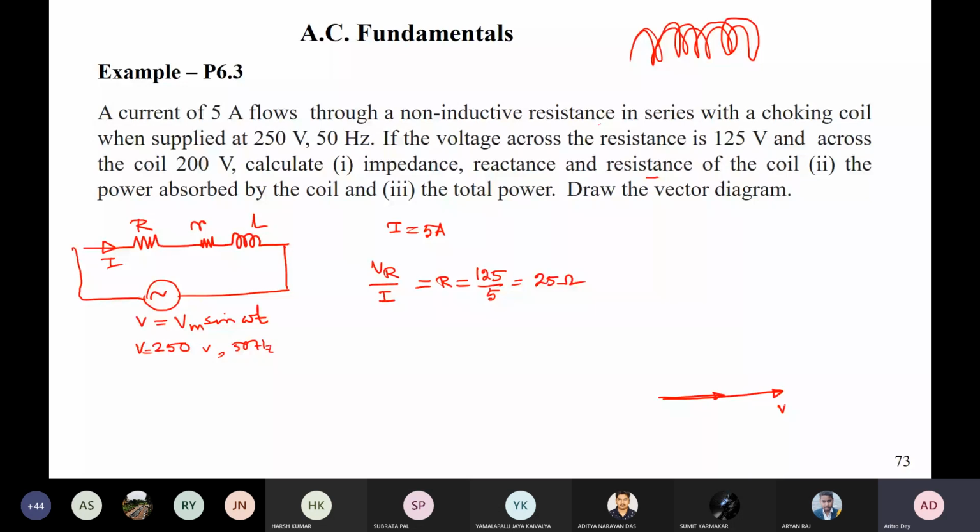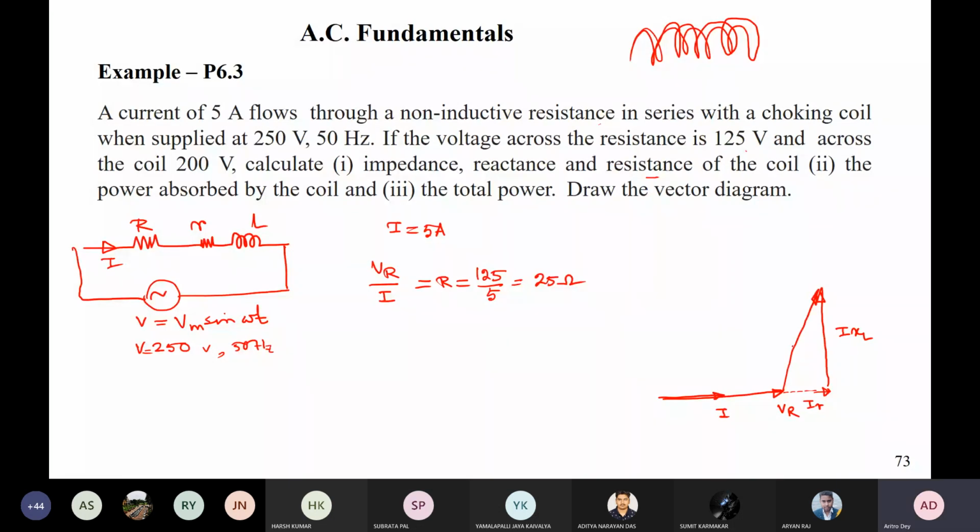So we got what is your resistance. Then what else is given? It is given that the voltage across the resistance is 125 and across the coil is 200 volts. So the coil is having some resistance, which will have a drop across it. We don't know how much it is. So this is I into r, and then I into XL. So this is the voltage drop across the coil.